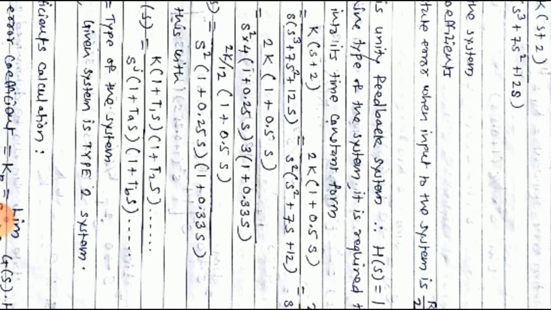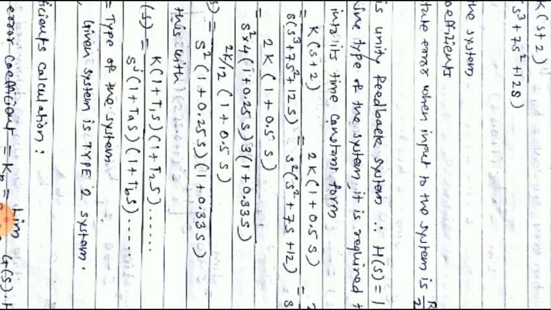Divide by 2, that is 2 by 2, it is 1 plus s by 2, that will be equal to 0.5s, and you multiply by 2 to the numerator K. In the denominator, you can see how it is expressed in time constant form.